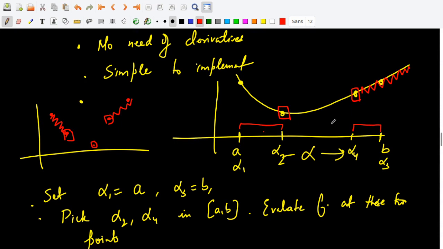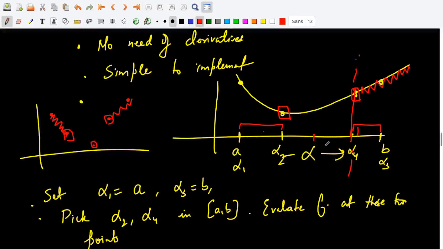So first is these two lengths should be same, and the second condition is that suppose I'm chopping off this region, then I should be able to select a new point now somewhere, so that I get a nice look at other points.